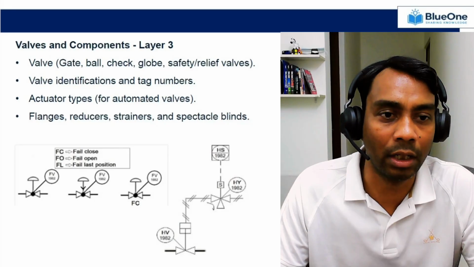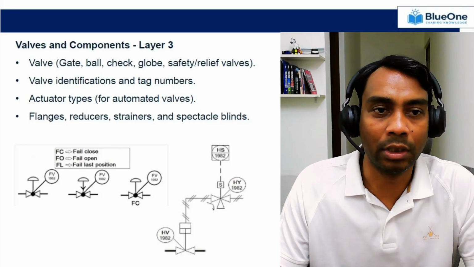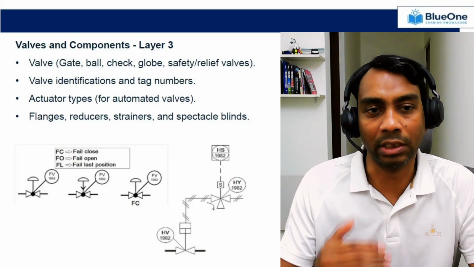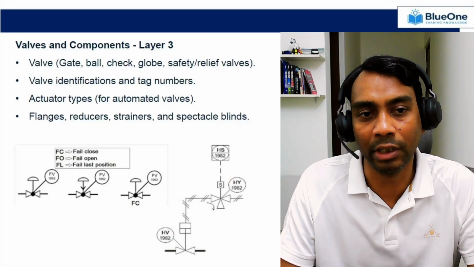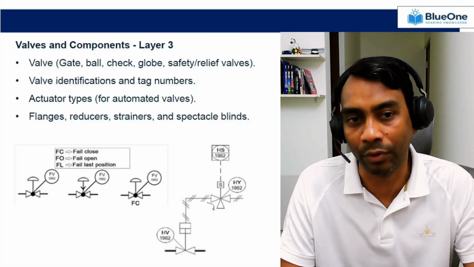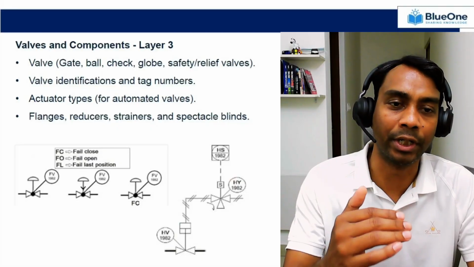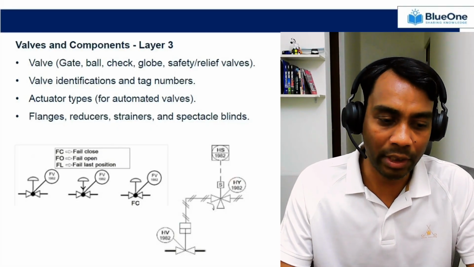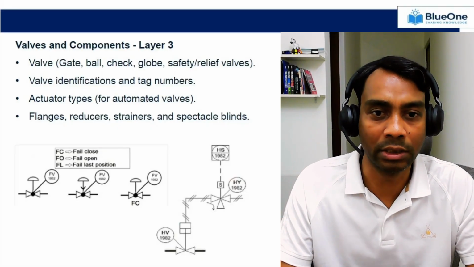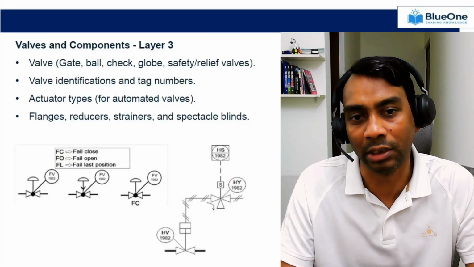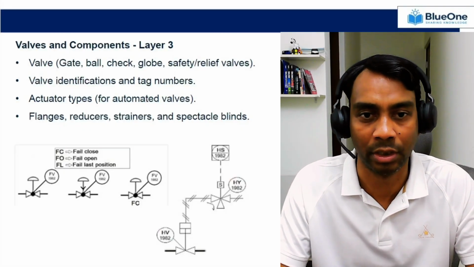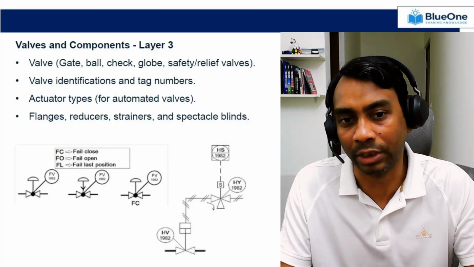For actuated valves, you will see additional information, for example, fail close, fail open, fail last position. It will be indicated under the valve. In the same way, for many manual valves, you will also see car seal open, car seal close, additional information for a specific scenario where it is required.